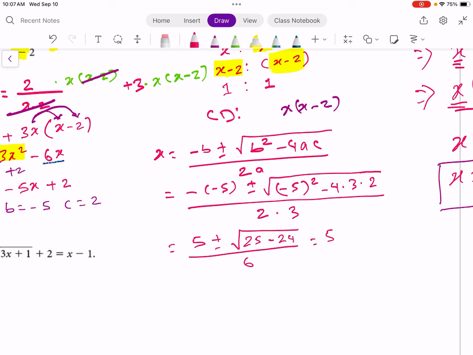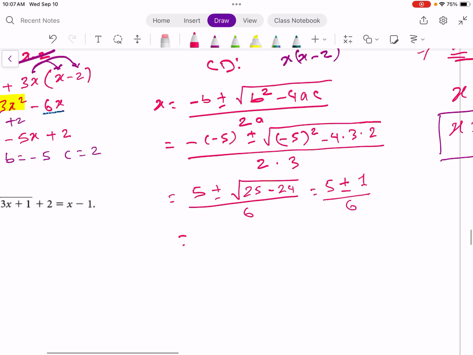So this is 5 plus or minus the square root of 25 minus 24, that's 1, and the square root of 1 is 1, right? Divided by 6. Now we take the positive first: 5 plus 1 divided by 6. Then you take 5 minus 1 divided by 6.